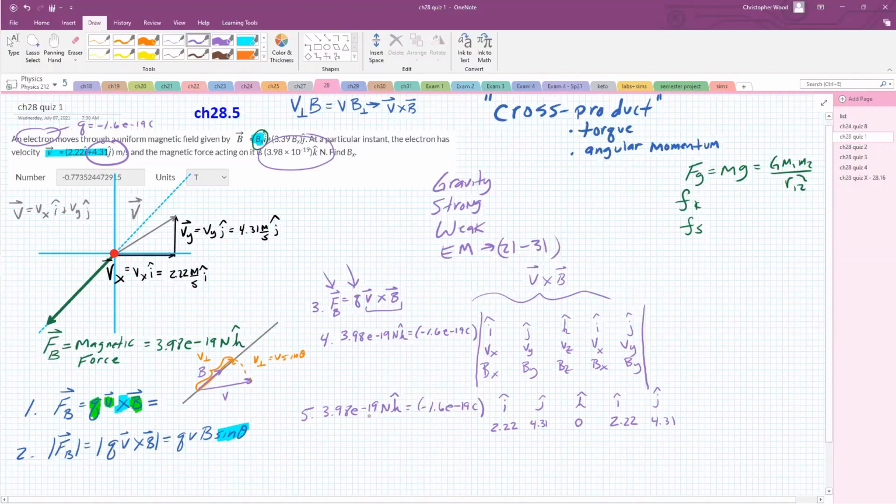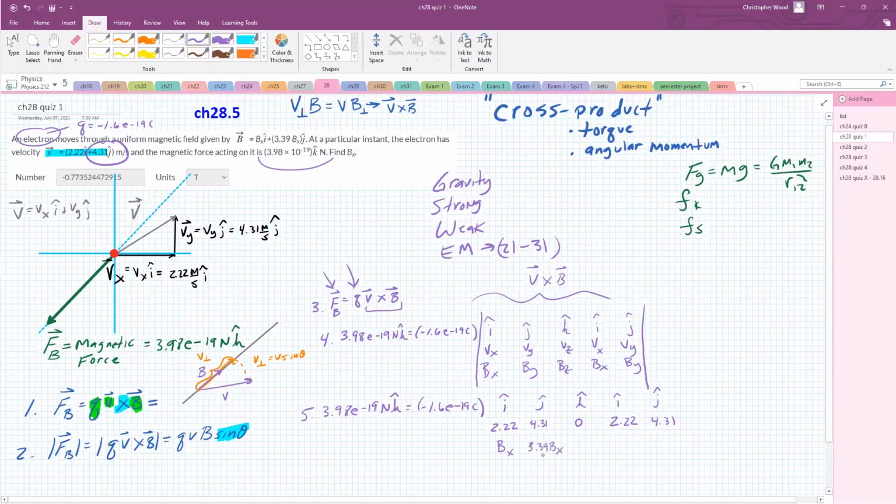Done with my velocity. What's my magnetic field? According to my problem statement, this is my magnetic field. Here's the X component of my magnetic field. It's just B sub X. I don't know what it is. Here's my Y component, 3.39 BX.